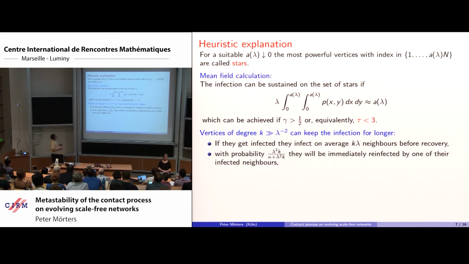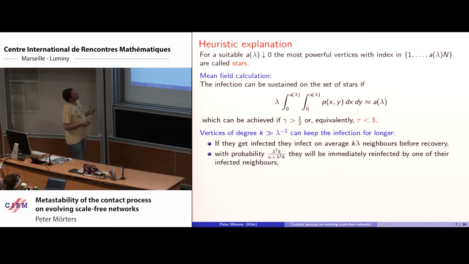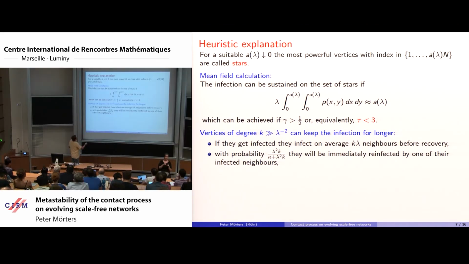So recovery is only sustained if this one clock with rate kappa wins against the lambda k clocks with rate lambda. So with probability lambda squared k over kappa plus lambda squared k, you will be immediately reinfected.